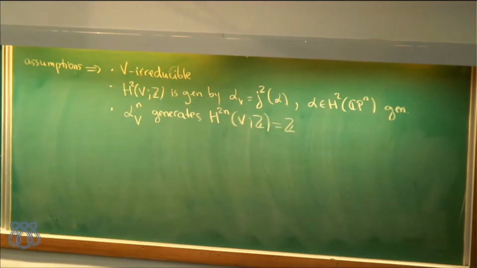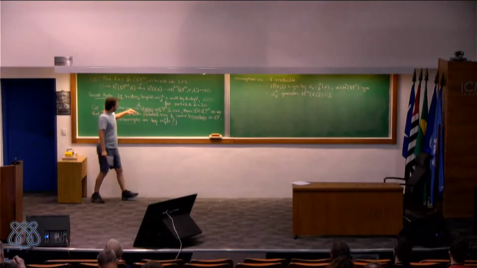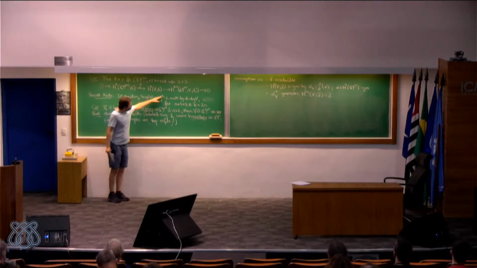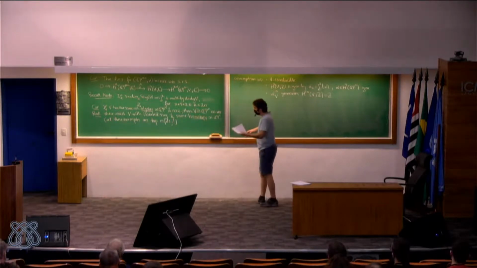All right, so far I didn't use anything except V having the same Z cohomology algebra as CPN. Now what I want to do is to use Kato. So V is irreducible, so I can actually use Kato at least at the top level. And Kato says J2N is multiplication by D, by the degree.